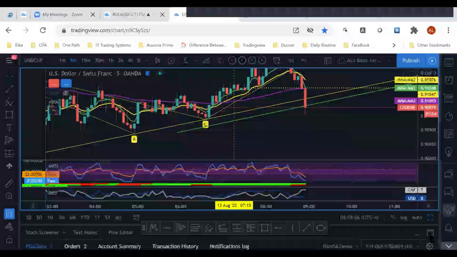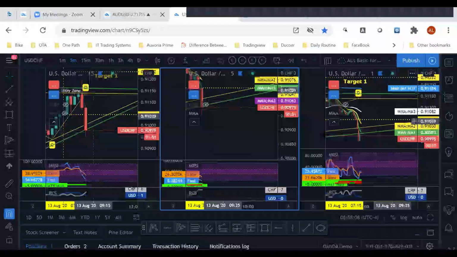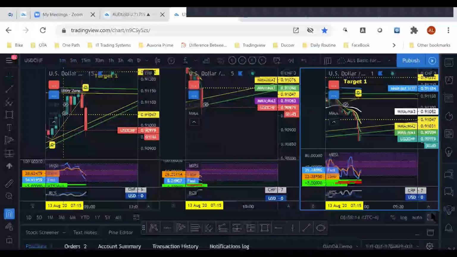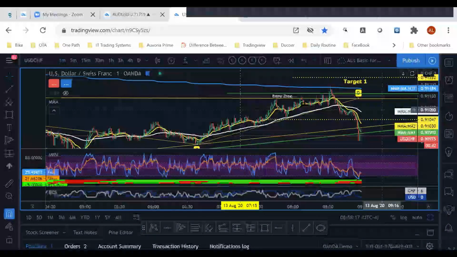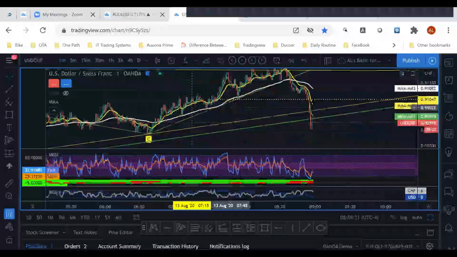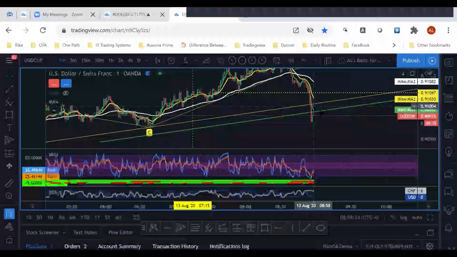Let's go on our 1-minute chart. Here's our pullback. We have 2 of the 3 are red.